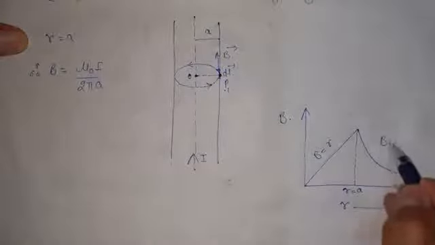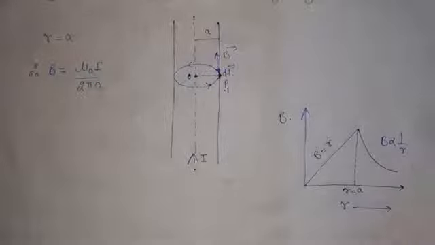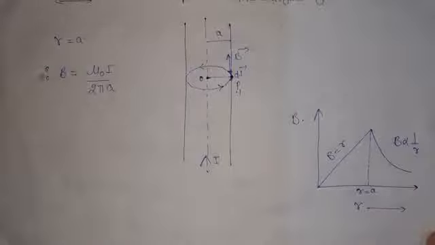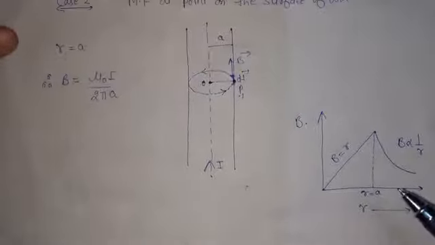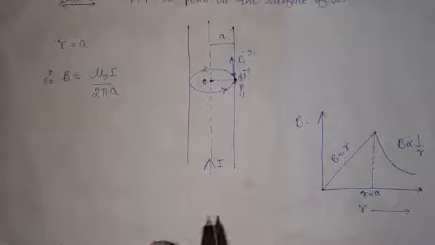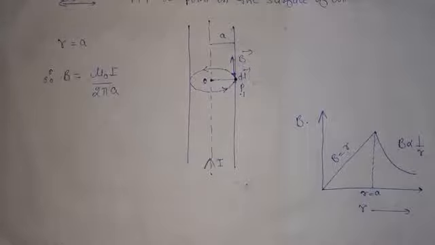So here it is inversely proportional to r. Okay, so thus we got this variation of the magnetic field for that circular current carrying wire. So we have taken over here 3 points: inside, outside, and on the surface. With the help of Ampere's circuital law we have determined it.